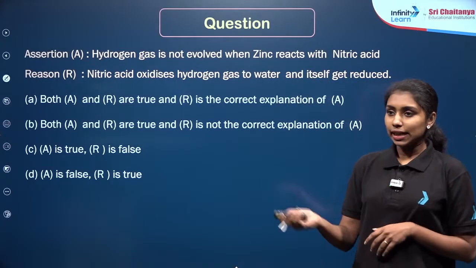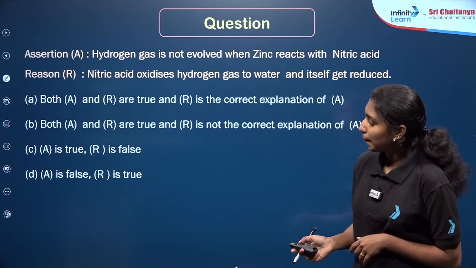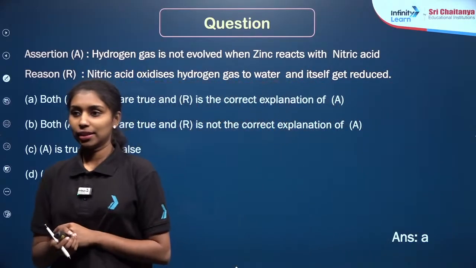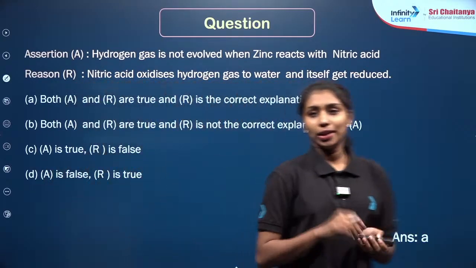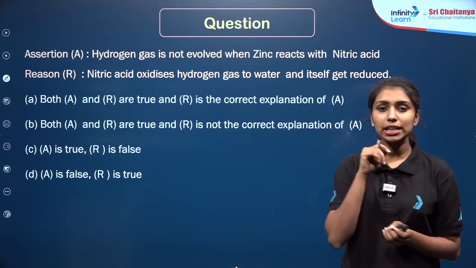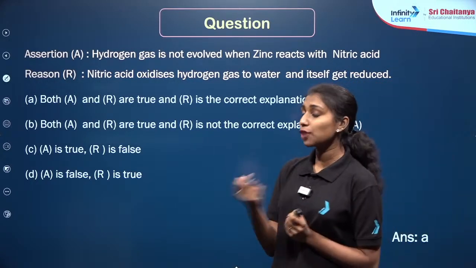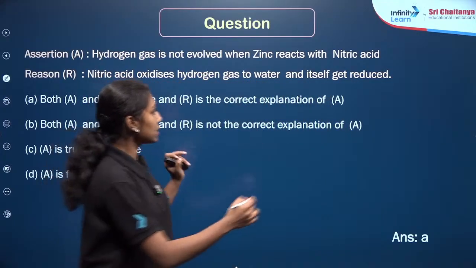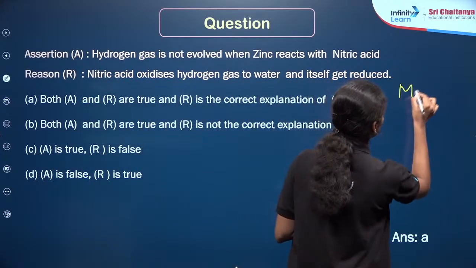Yes, option A is the correct answer. We have already seen that in the case of nitric acid, with any metal except magnesium and manganese, you will not get hydrogen.